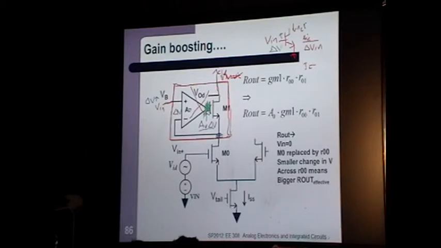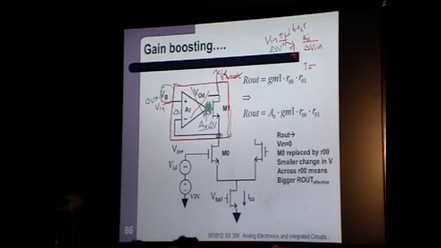Let's say I changed V in by delta V. VBE has only changed by delta V. So if I move V in by delta V, the VBE of this transistor has only changed by delta V. Over here, if I move the input by delta V, I'm actually moving the base voltage, in this case the gate voltage, by Av delta V. I'm multiplying whatever change in V in I have by Av, and that's what's actually getting to this transistor.